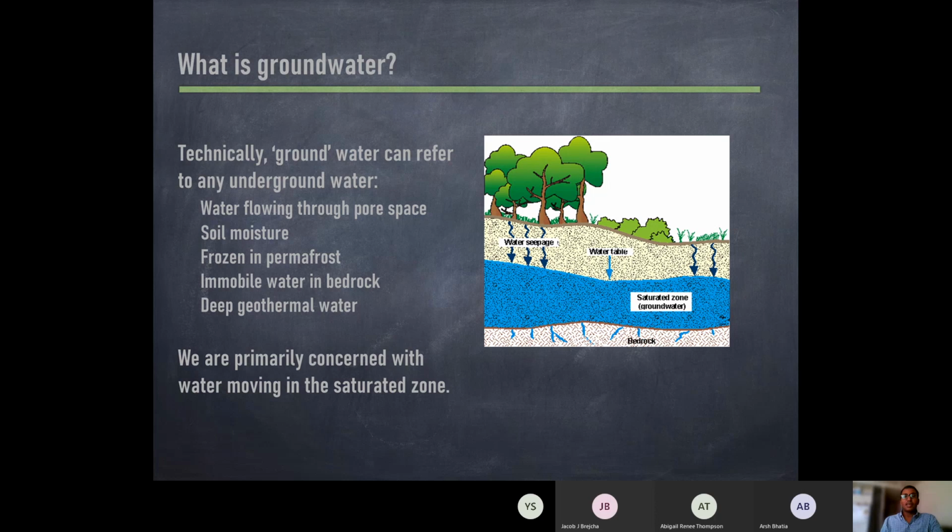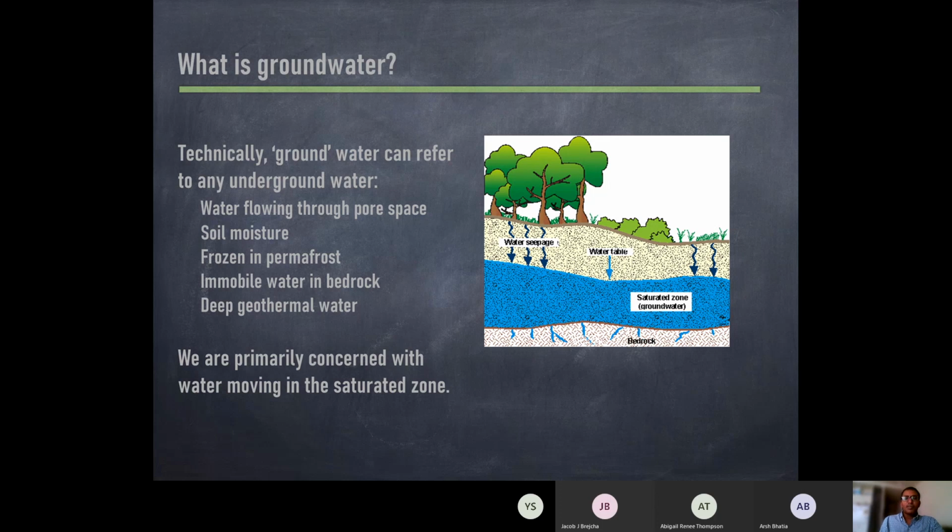Bedrock is one of the initial components of the weathering system. It starts from bare bedrock, then it weathers and becomes sedimentary rocks and other kinds of rock. That's a whole chapter altogether. And then there can be deep geothermal water.